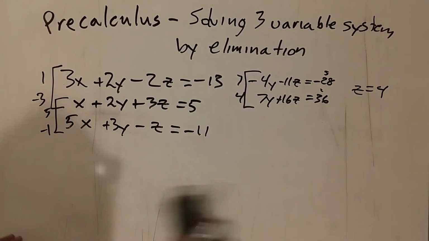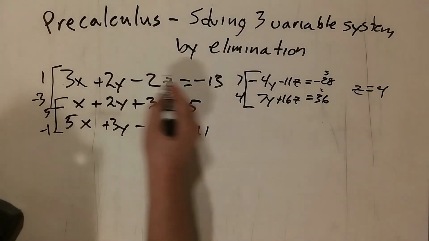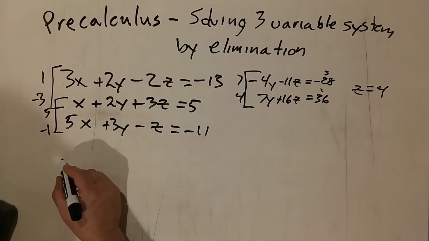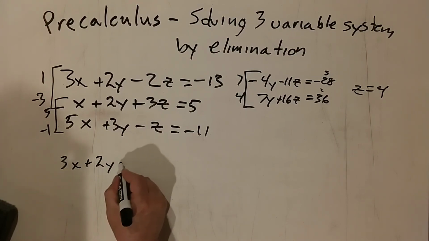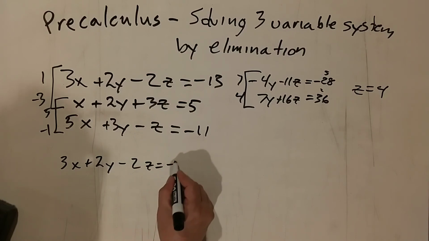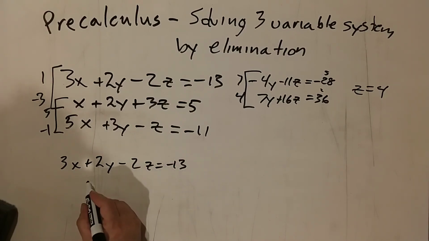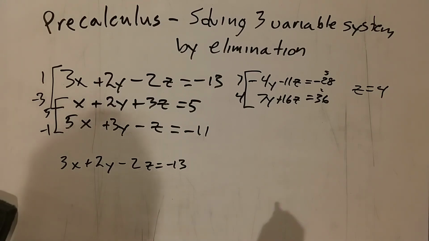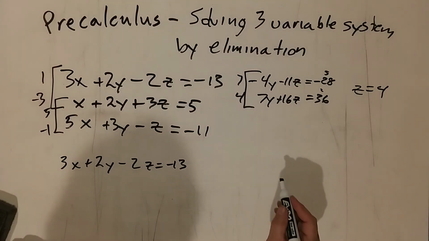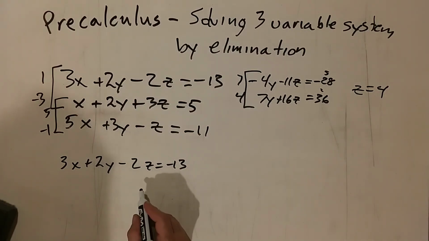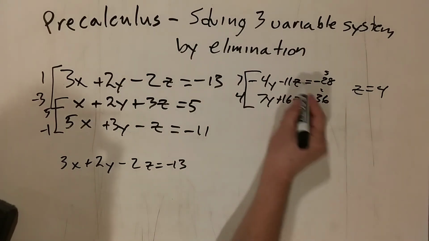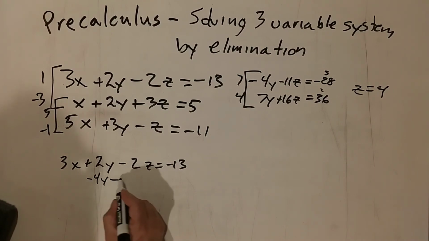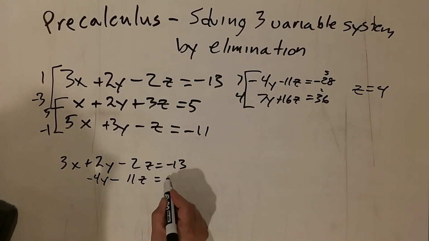If we were to write this in this order, one equation from this first iteration of the system, 3x plus 2y minus 2z equals negative 13, then from that, negative 4y minus 11z equals negative 28.